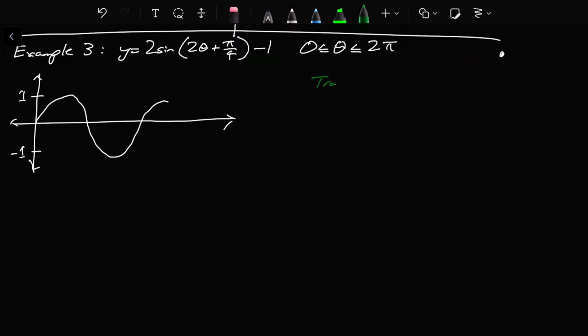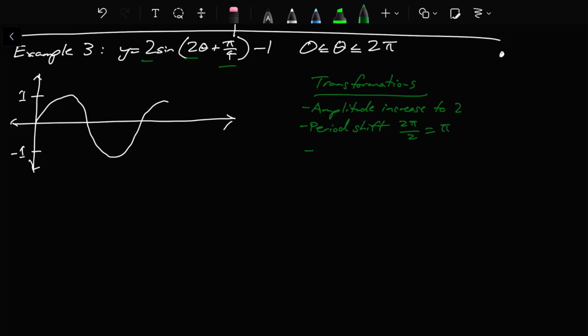So the transformations, let's do them one at a time, from left to right. There's an amplitude shift, or amplitude increase, to 2. There's a period shift. Sine usually has a period of 2 pi, so we'll divide it by 2.